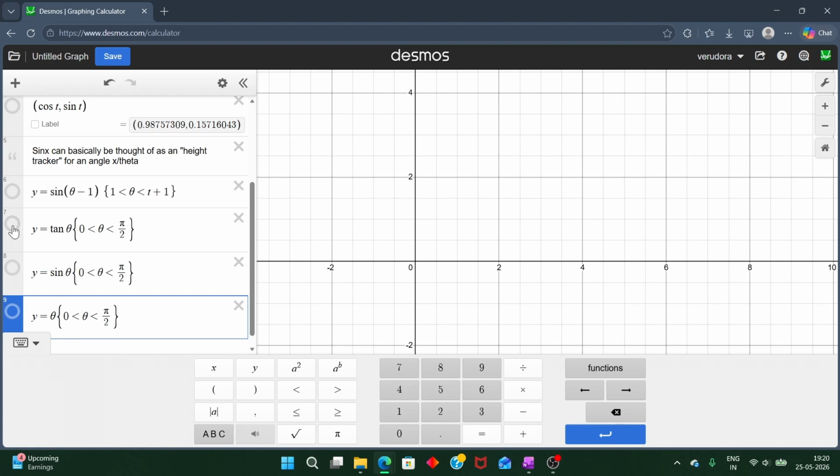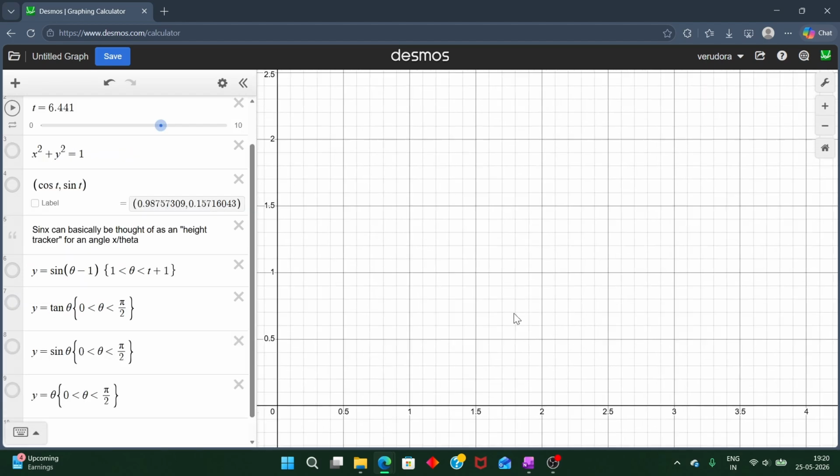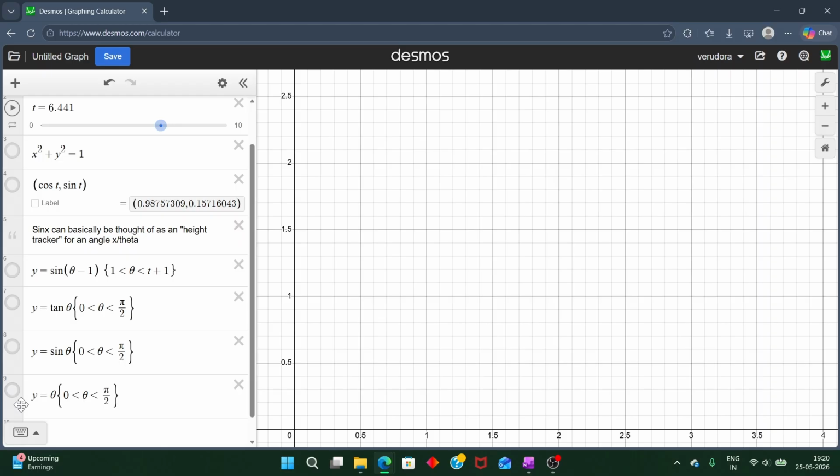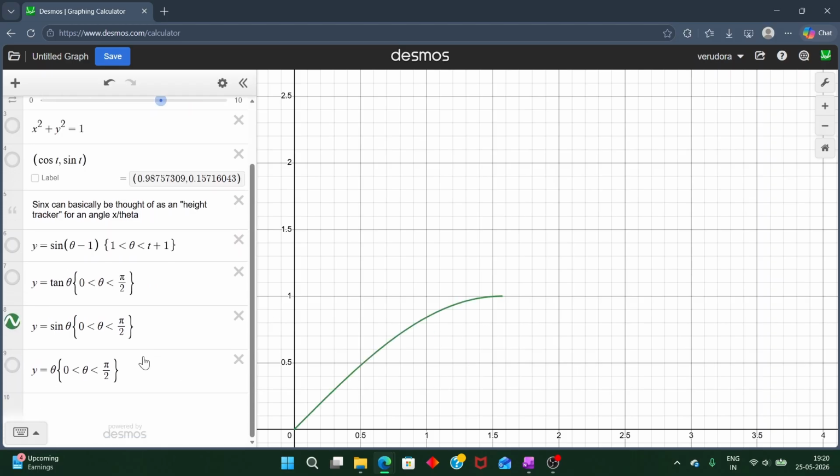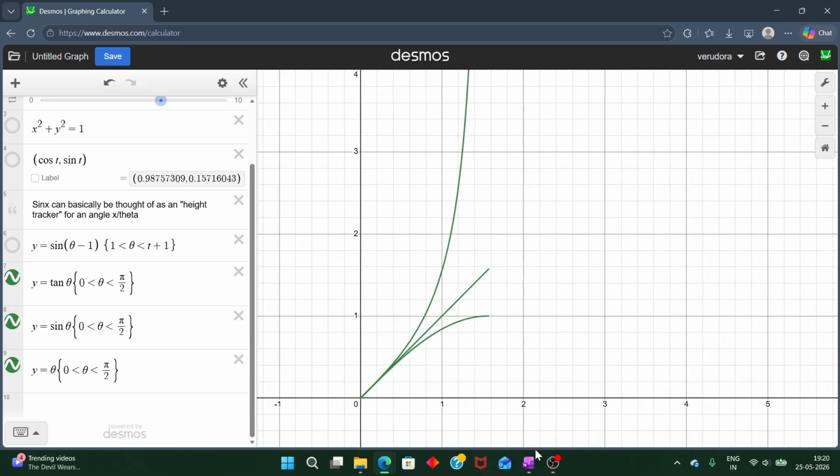So from our previous conclusion, tan theta should be at the highest. Okay, let us start from lowest. Lowest was sine theta. So what I'm expecting is theta to be a straight line that is just greater than this all the time. And is my guessing correct? Yup, I'm absolutely correct. And similarly, tan theta should be greater than even this line. And yes, I happen to be correct again.